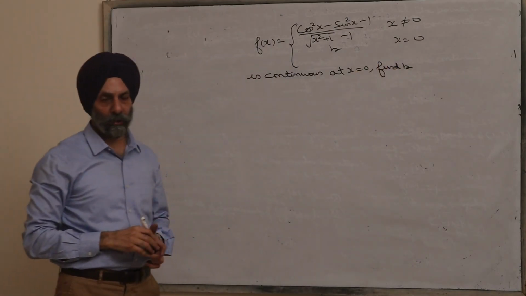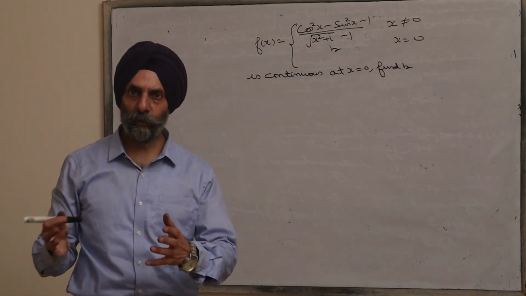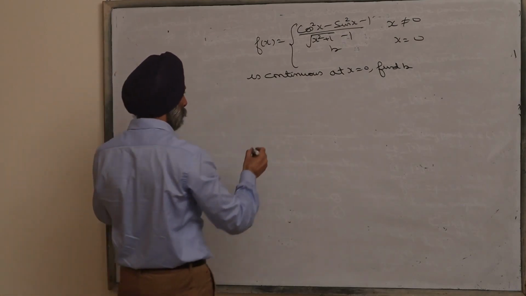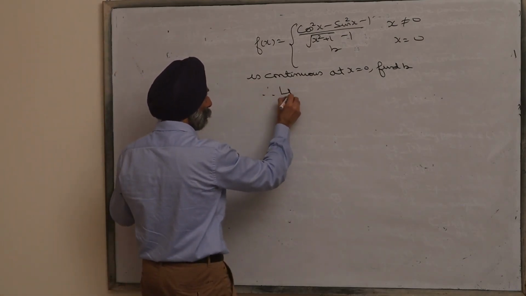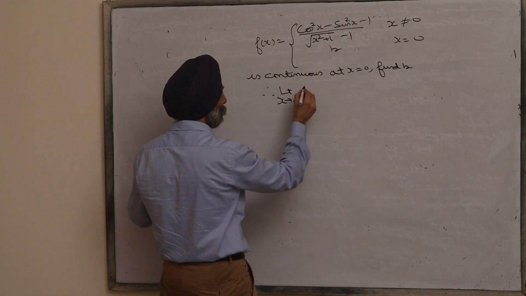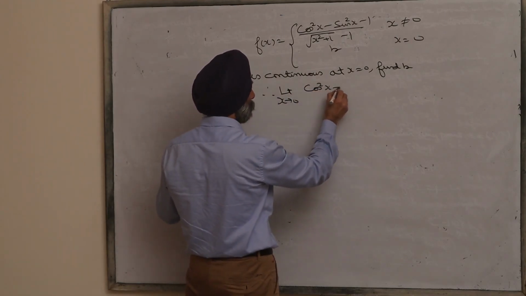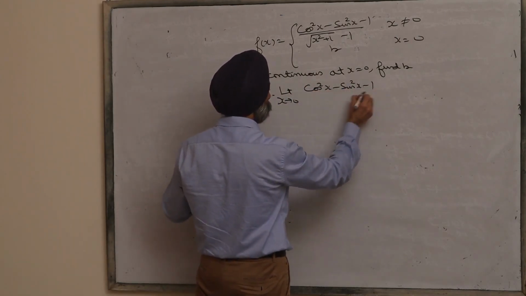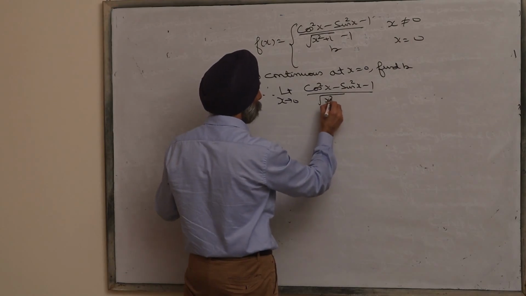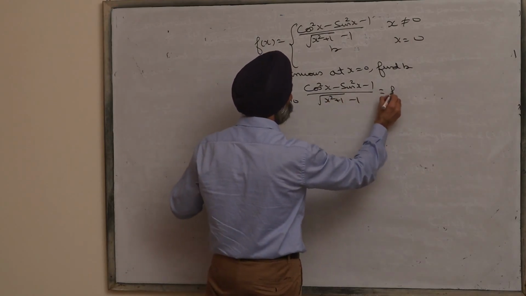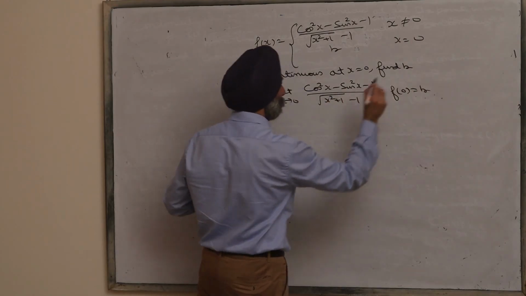So once again, when this function is continuous at x is equal to 0, that means its limit exists. So therefore limit x approaches to 0 of (cos square x minus sin square x minus 1) upon (under root of x square plus 1 minus 1) must be equal to f of 0, which is your k.